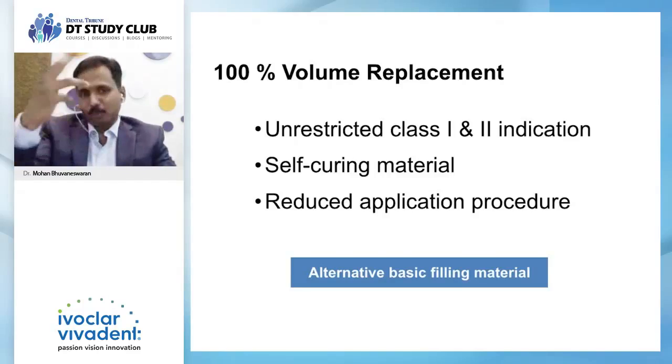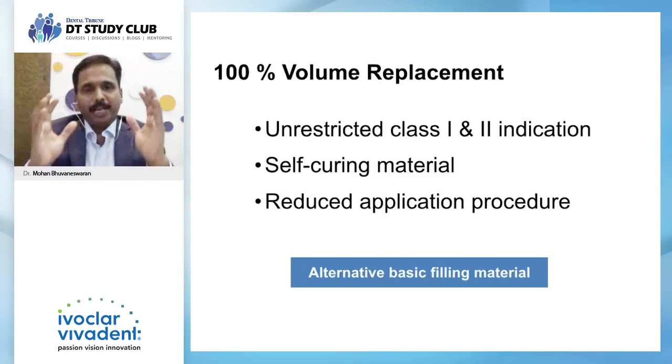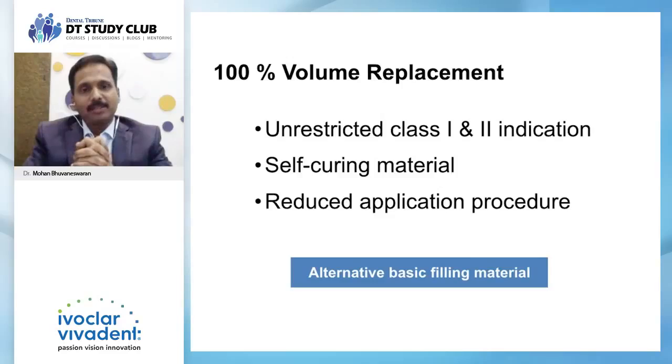So we discussed, if you remember, it should have good physical properties. Wow, look at that first point. Unrestricted class 1 and class 2. This is what we were looking at. Even silver amalgam could not do that for us. And it is a self-curing material and it has a reduced application procedure.